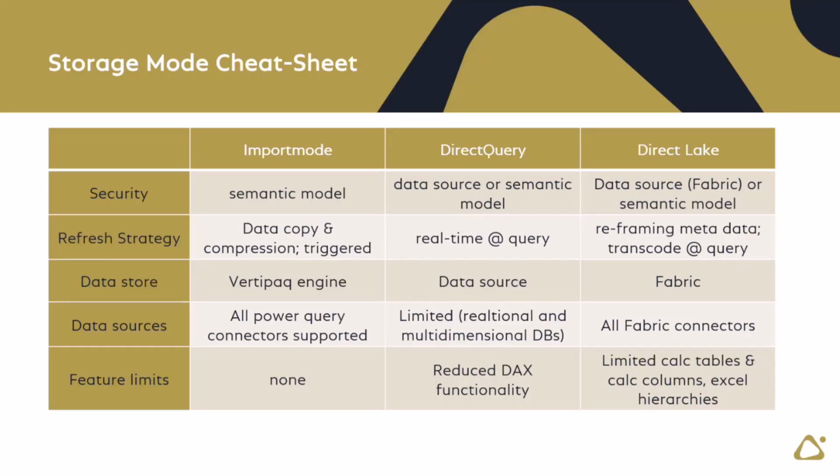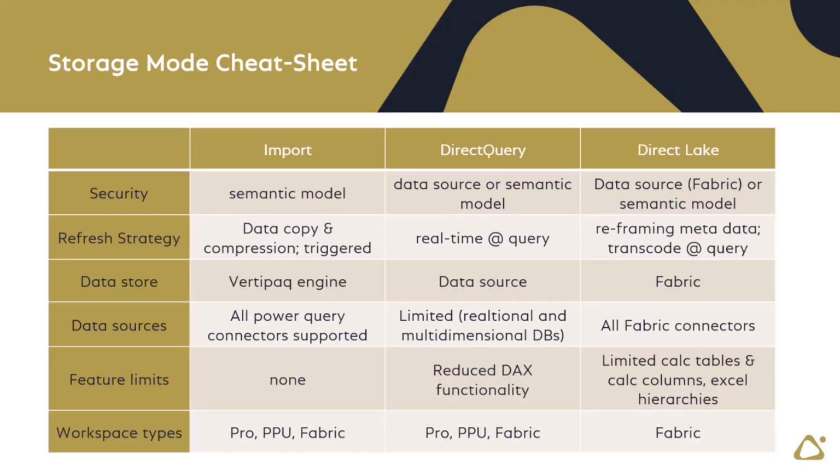And calculated columns are just rolling out now, but they are unmaterialized, and therefore every time you touch those calculated columns, they have to be recalculated again and again and again. And what's easy to overlook is that Excel hierarchies are not supported by DirectLake so far.